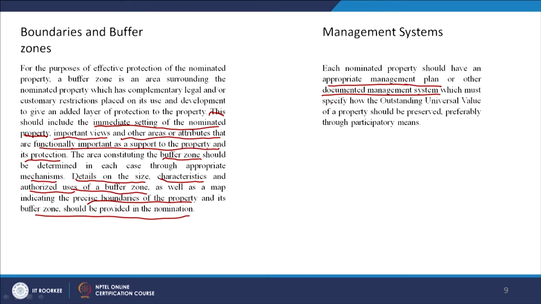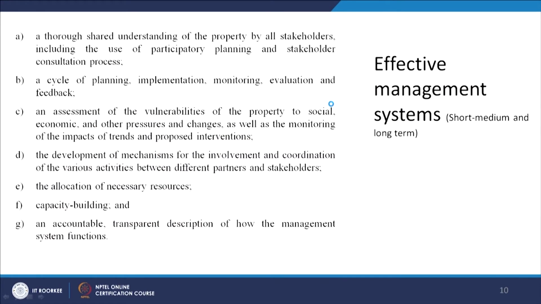So in the management system, this is where community participation comes in, this is where the local stakeholders can also take part in how it can be managed well. In fact, there are a few points this particular report talks about regarding effective management systems, both short-term, medium and long-term mechanisms.